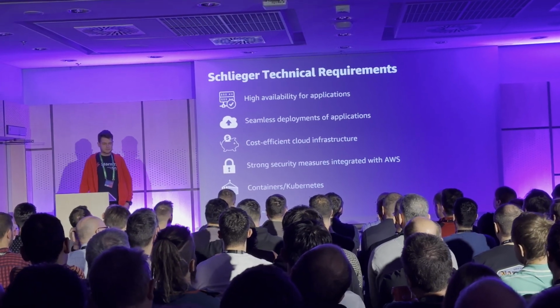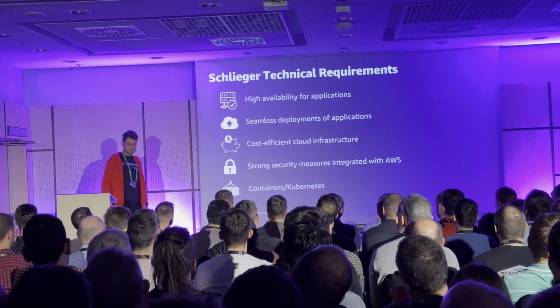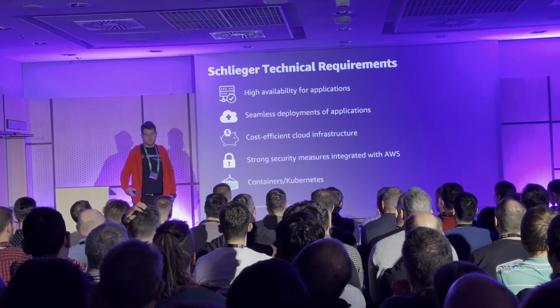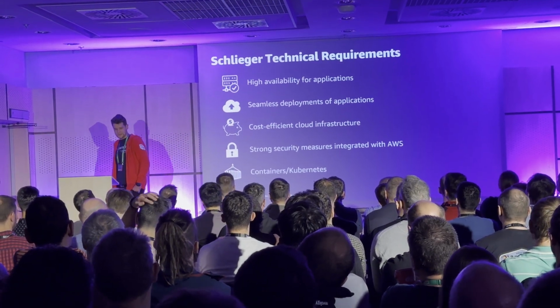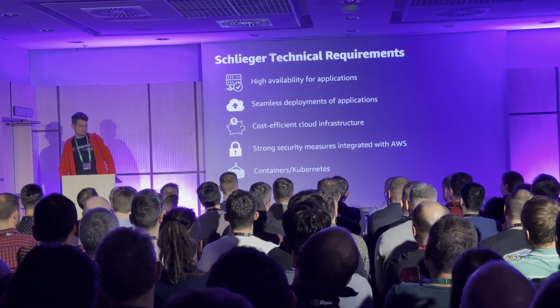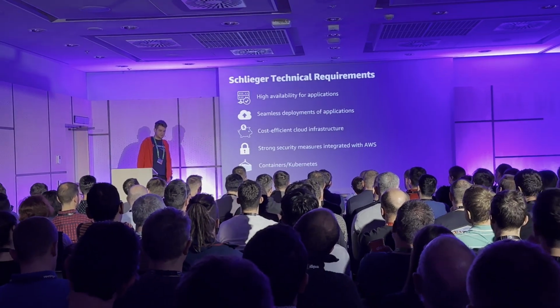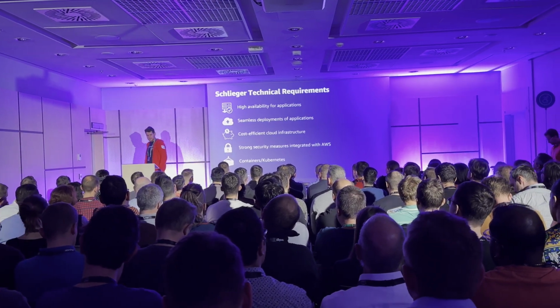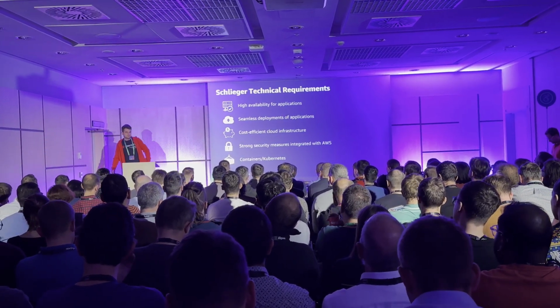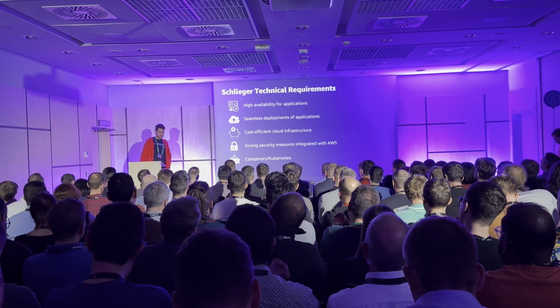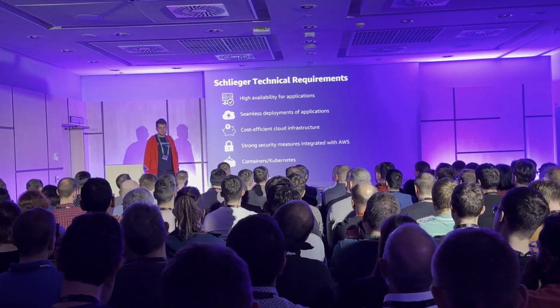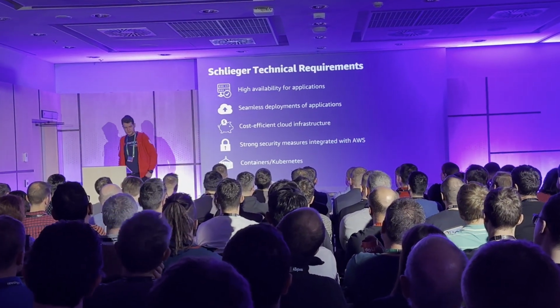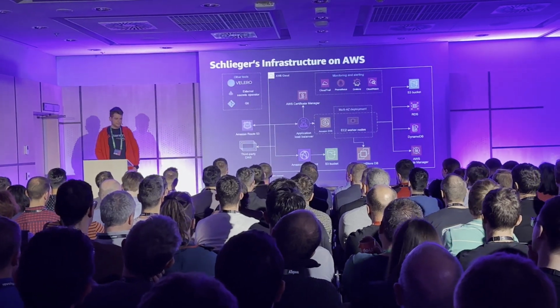And strong security measures integrated with AWS. This was about AWS accounts because they have multiple accounts, but also the accessibility of their application from outside, so nothing should be public. And the main part was they wanted containers and Kubernetes, so we will talk about that a little bit later.